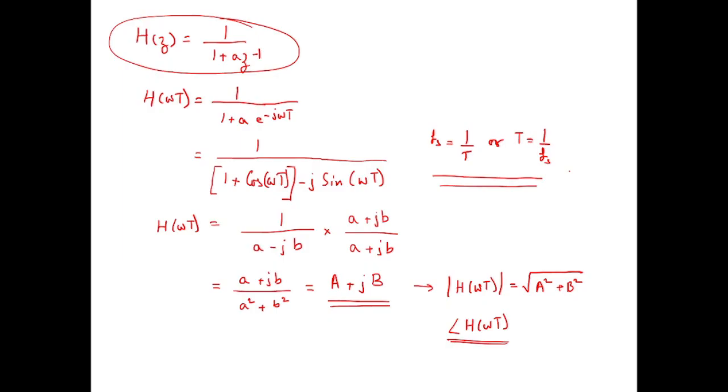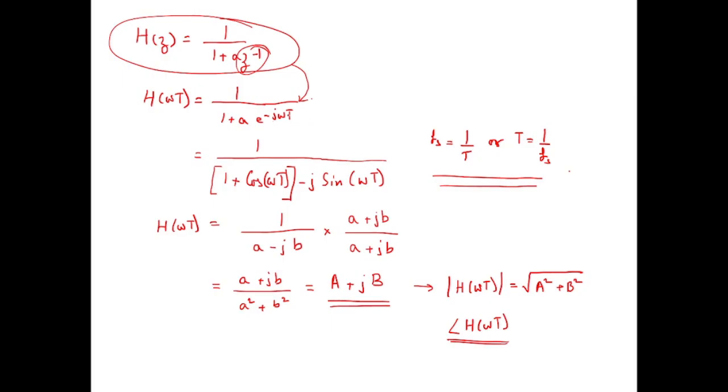If I have to ask you to determine the amplitude response and the phase response, till now, whatever we have done, we have calculated the amplitude and the phase response using the geometric measures. But there is a mathematical representation too. So when we get this kind of thing, we have to convert this Z inverse into a complex domain. We can replace this Z inverse with e to the power minus j omega t.